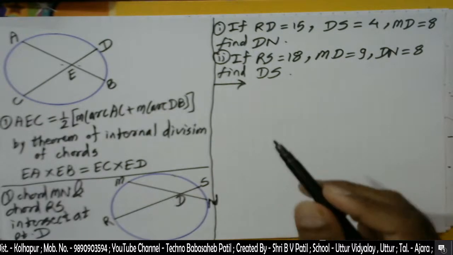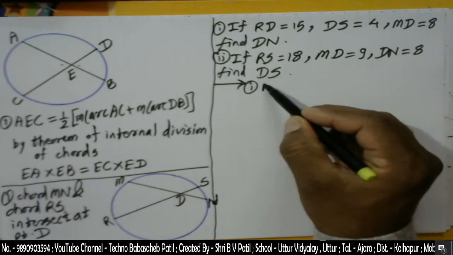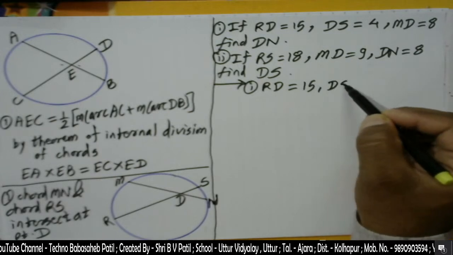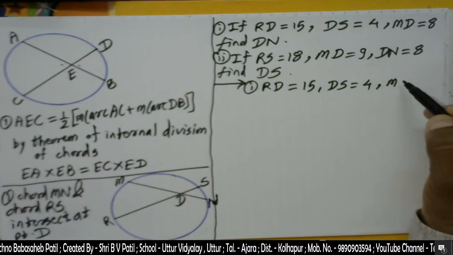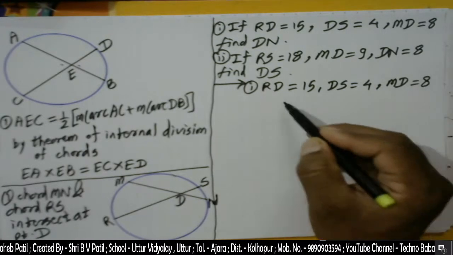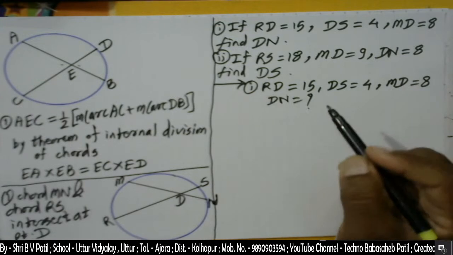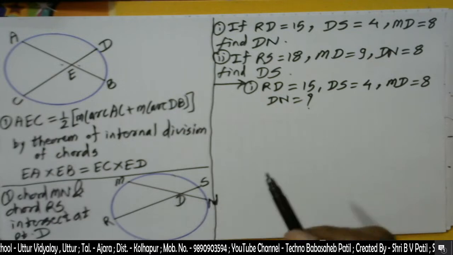In the solution, first example, RD is given 15, DS is 4, MD is 8, and the asking question is DN. Two chords intersect inside the circle.